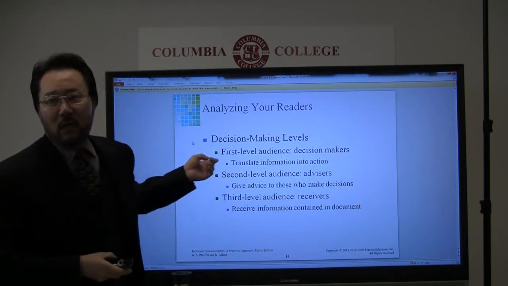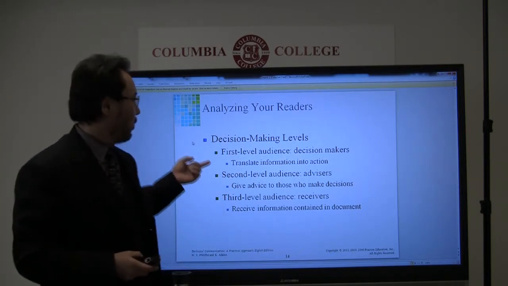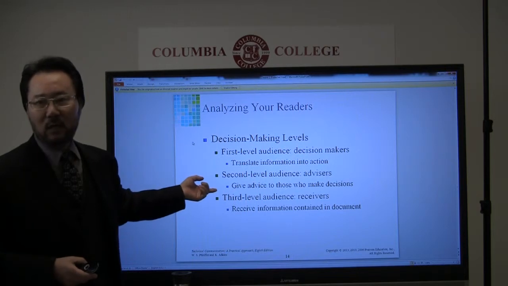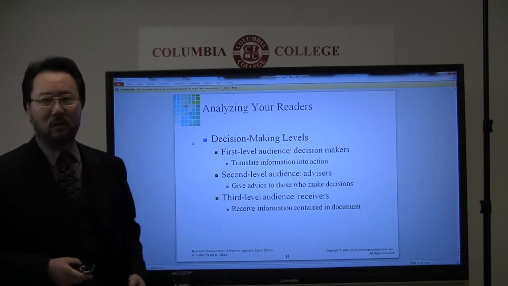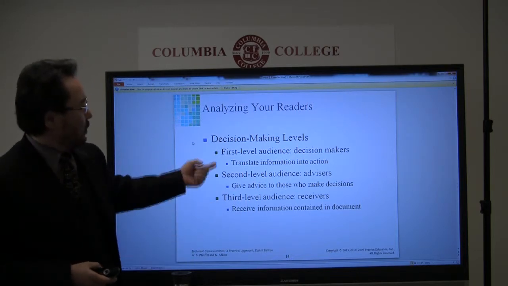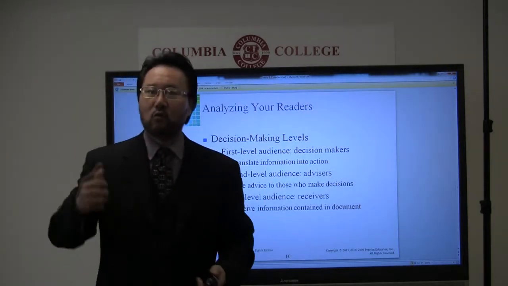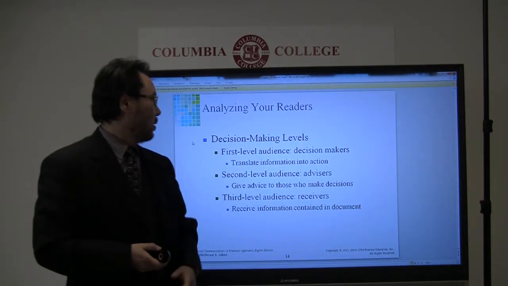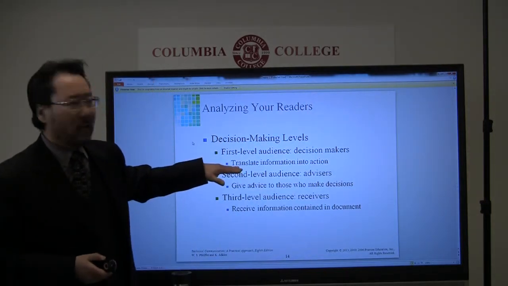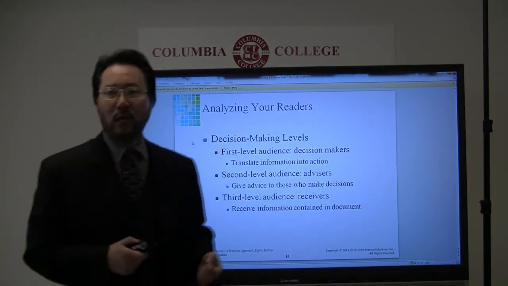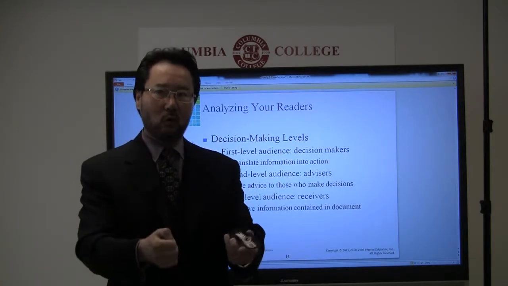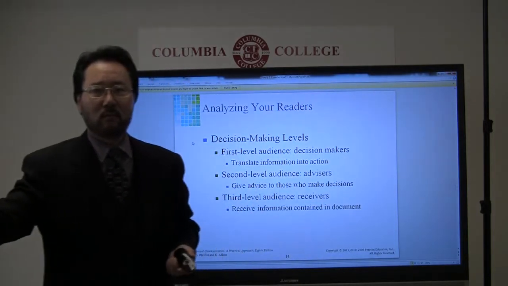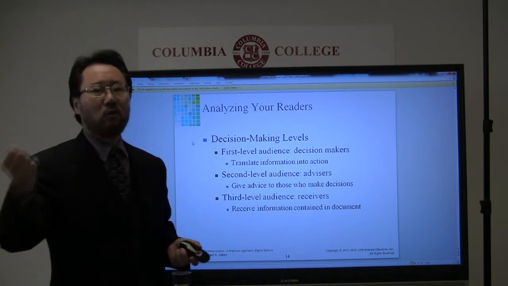In the decision-making level, we have first level audience, second level audience, and third level audience. First level audiences are the decision makers. Basically, they translate what you wrote into action, because they have the power to make the decision.